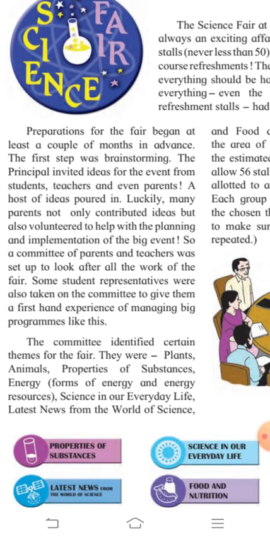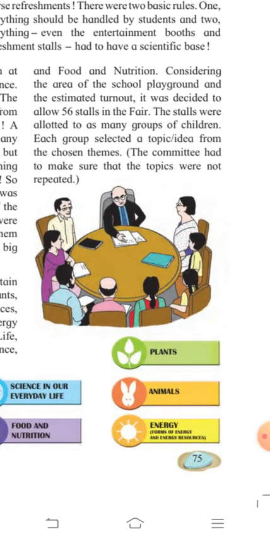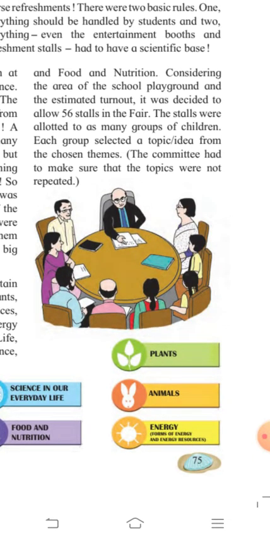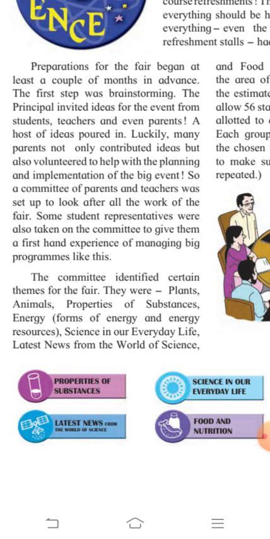Let's read the second paragraph now. The committee identified certain themes for the fair. Okay, now whenever, I'll read out first, then I'll explain. Committee identified certain themes for the fair. They were plants, animals, energy.